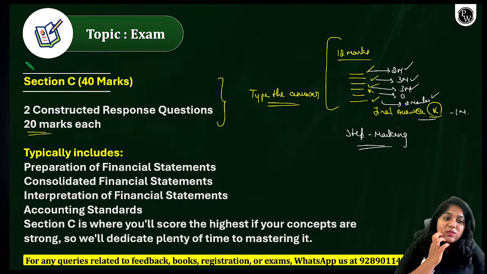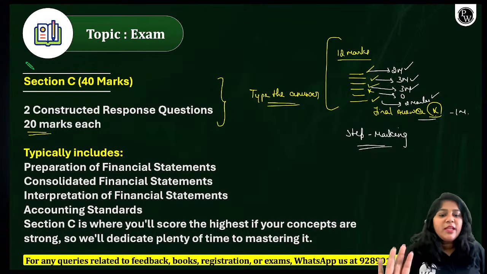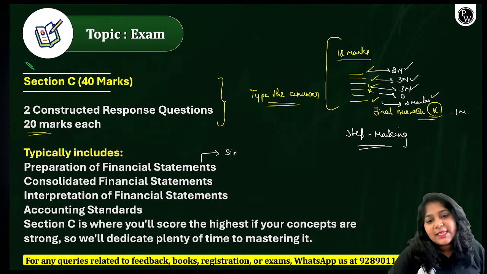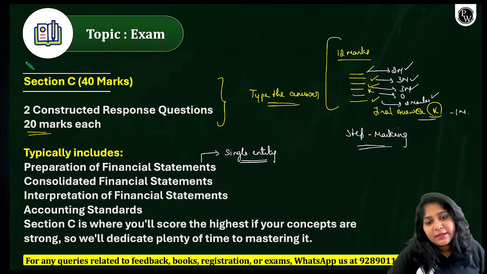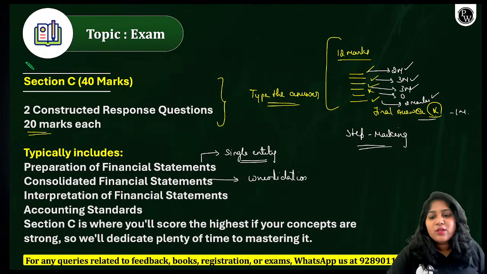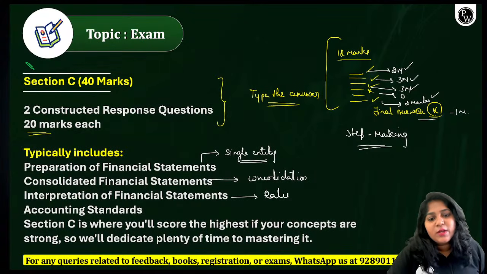So what are the things we can expect to have in section C, guys? You can expect to have only 3 topics. One is preparation of financial statements, which I call single entity concepts. Then consolidation. Otherwise, you can expect interpretation of financial statements, or I would call it ratio analysis.